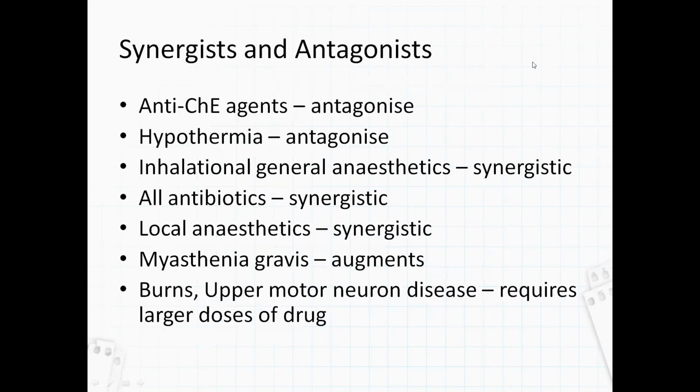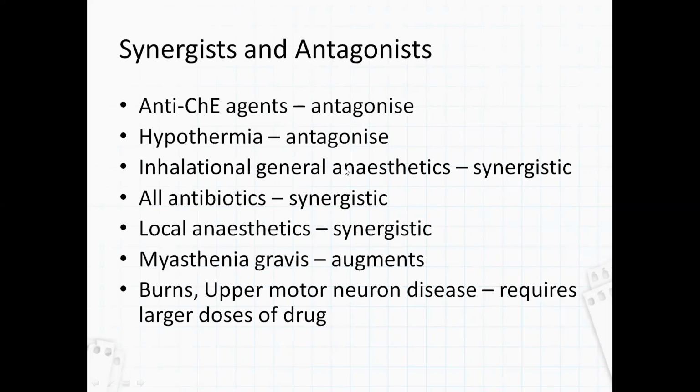And now synergists and antagonists of the non-depolarizing blockers. Anticholinesterase agents like neostigmine and pyridostigmine antagonize the non-depolarizing blockers. And hypothermia, a decrease in temperature, can also antagonize.